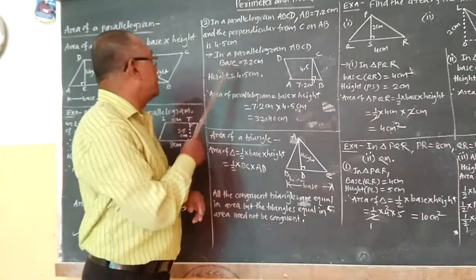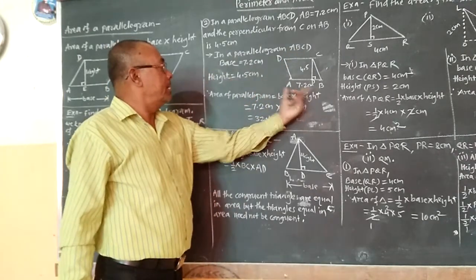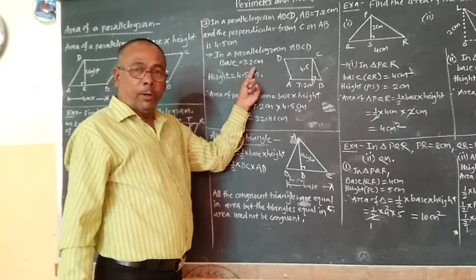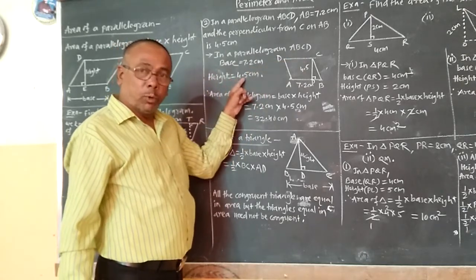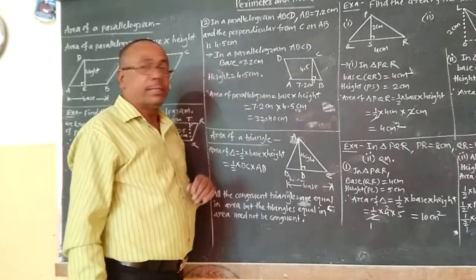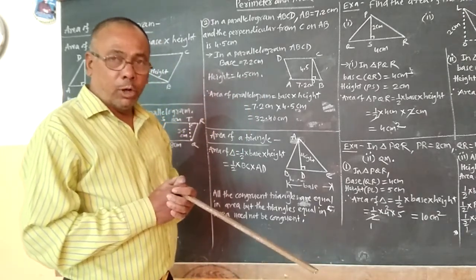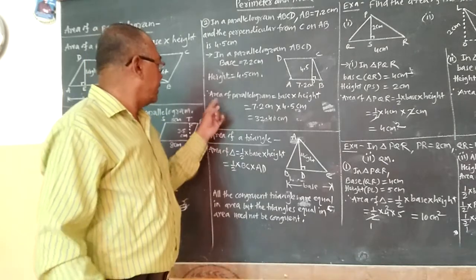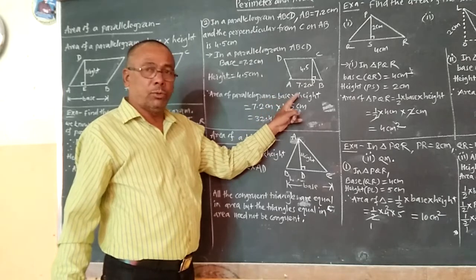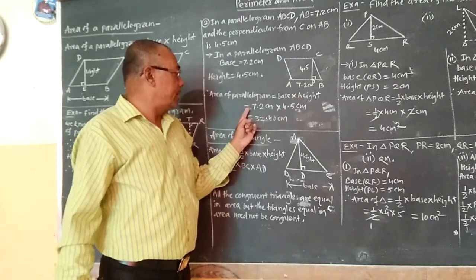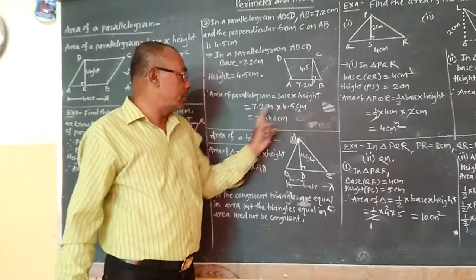So here in parallelogram ABCD, base AB is equal to 7.2 centimeter and height is equal to 4.5 centimeter. Now we will find the area of the parallelogram. The area of parallelogram ABCD is equal to base into height. Here base is 7.2 centimeter and height is 4.5 centimeter.